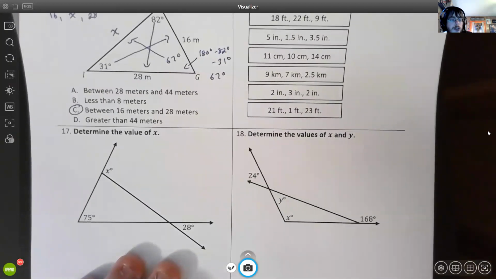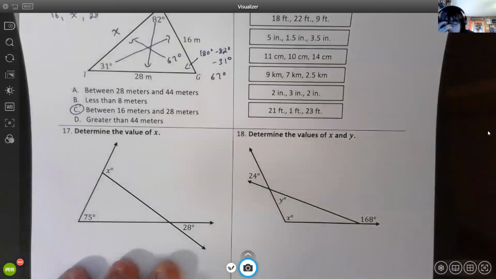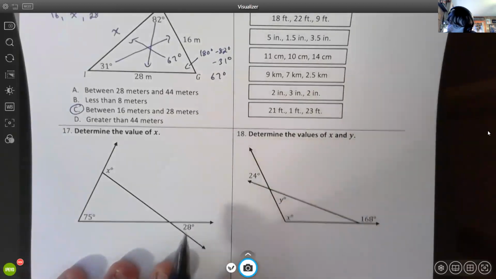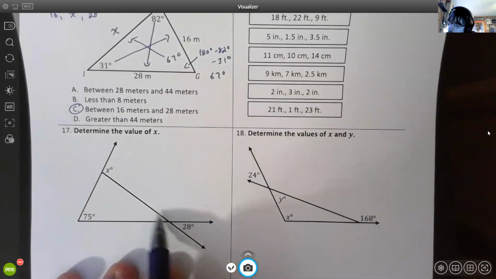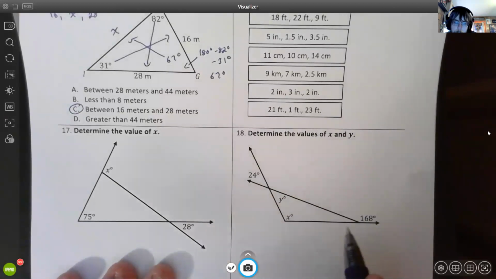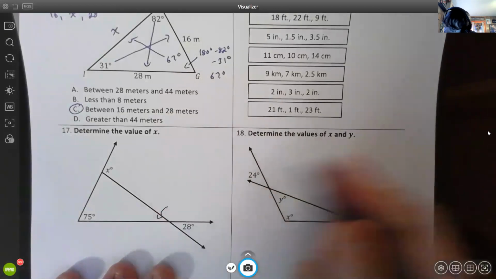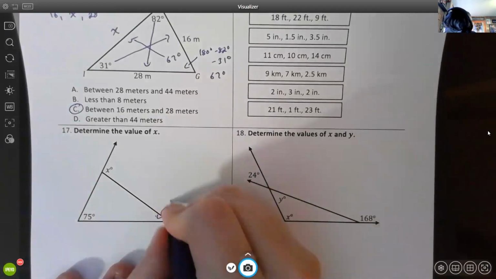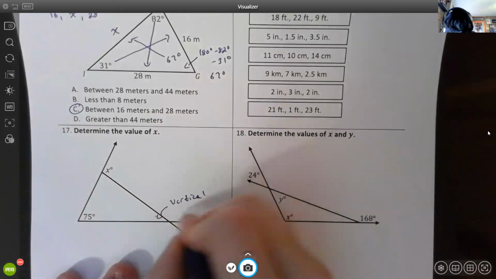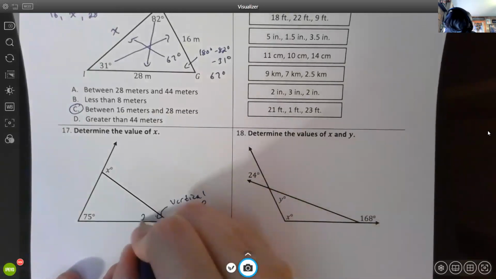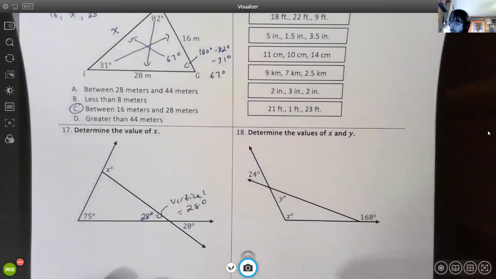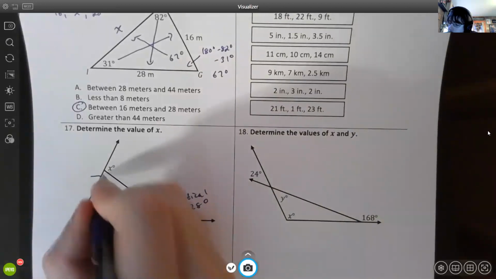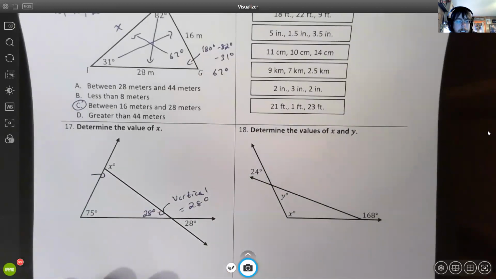So number 17 wants you to determine the value of x. And so the key thing here is that you want to find the angle that's next to it, or find some way to find it that way. Well, if you look here at the bottom, you have some intersecting lines and you have a 28-degree angle here. Well, this angle here is opposite from that 28, so it's vertical with it. So that means it also equals 28 degrees. Well, if we can figure out this angle here, we can find out what x is.